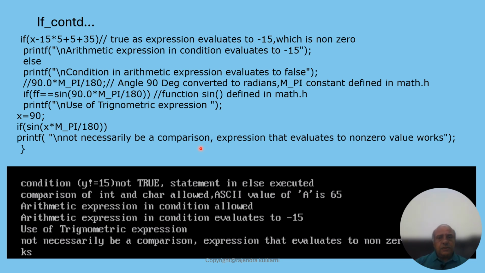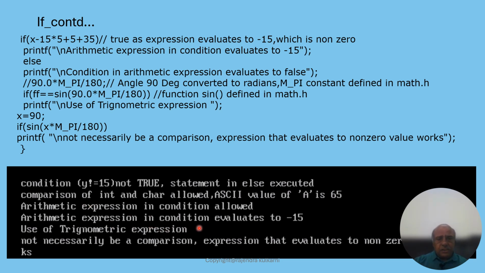This is the snapshot of the output screen after I executed this program. "y is not equal to 15 not true, statement in else is executed." "Comparison of int and char allowed." Char ASCII value will be compared with whatever value we have assigned to int. An arithmetic expression in condition is allowed.